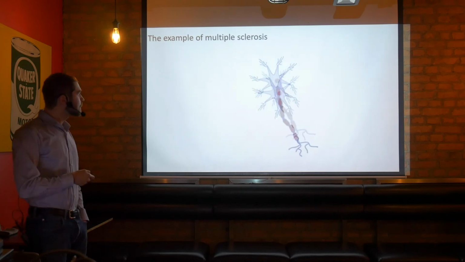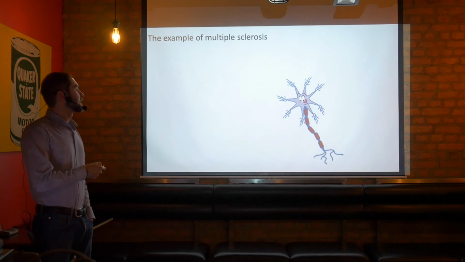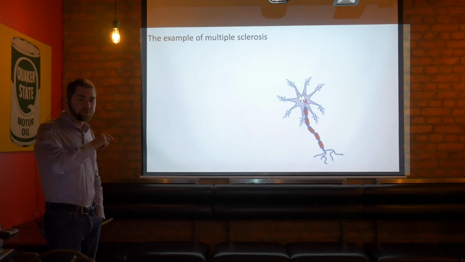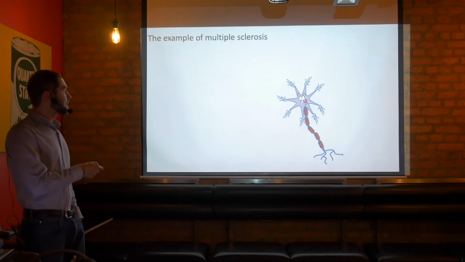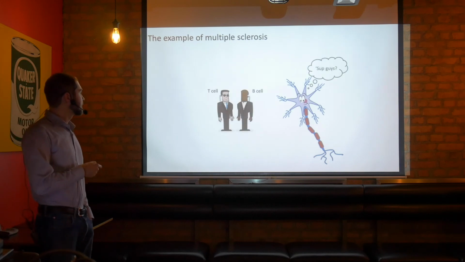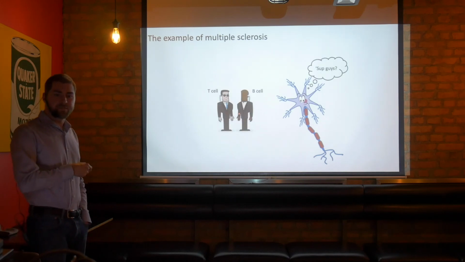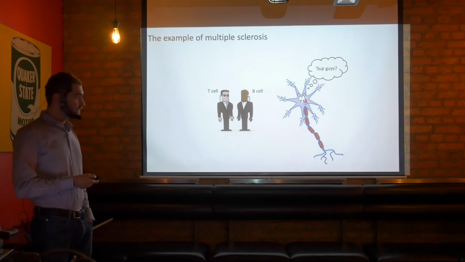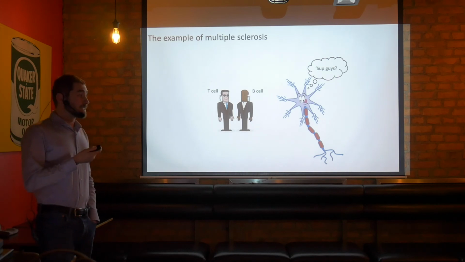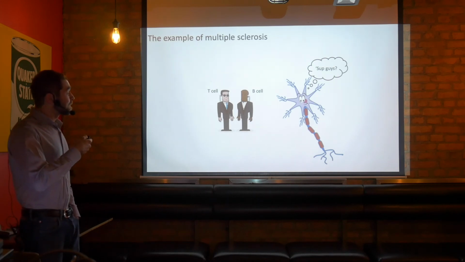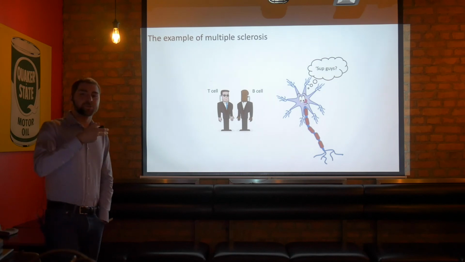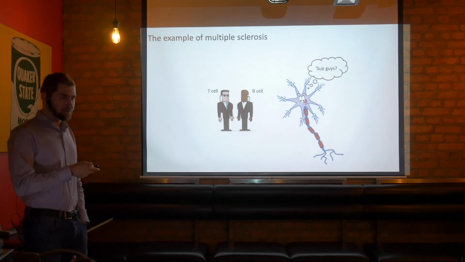Normally, when there is no disease going on, the neurons are recognized by the immune system as part of our body. So the immune system manages to preserve the integrity of neurons.